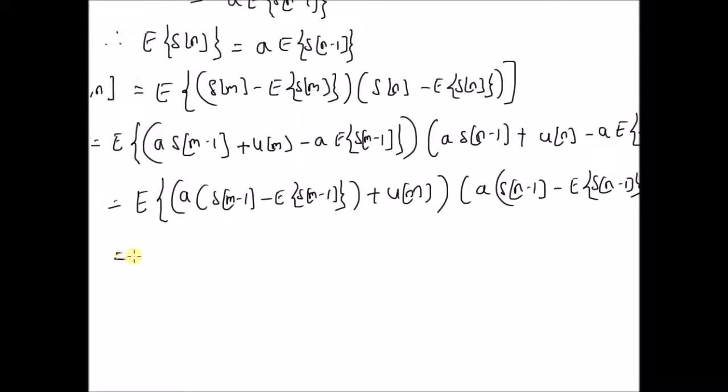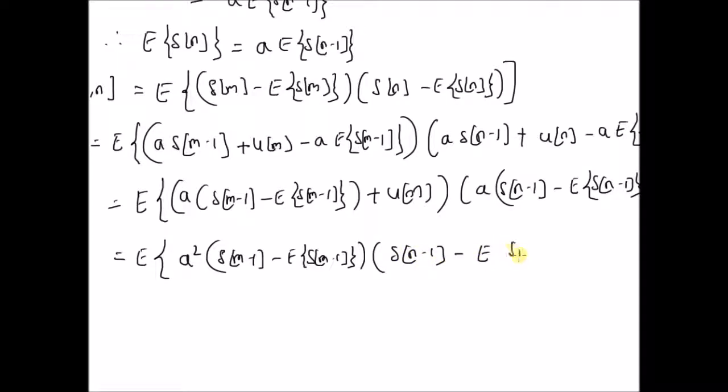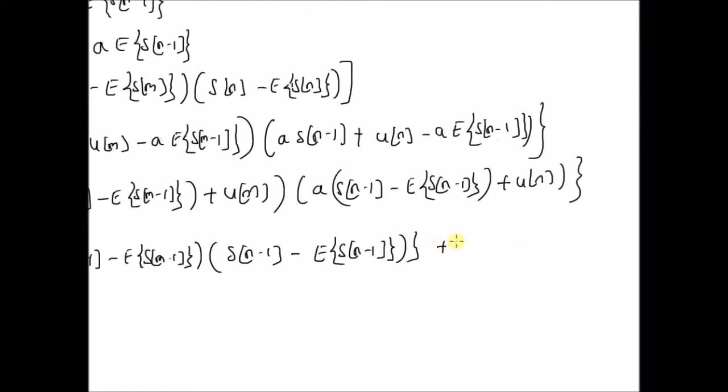So upon expansion, we have expectation of a square multiplied by S of m minus 1 minus its mean, that is S of m minus 1, expectation of S of m minus 1 multiplied by S of n minus 1 minus expectation of S of n minus 1. And then we have expectation of U of m multiplied by U of n.